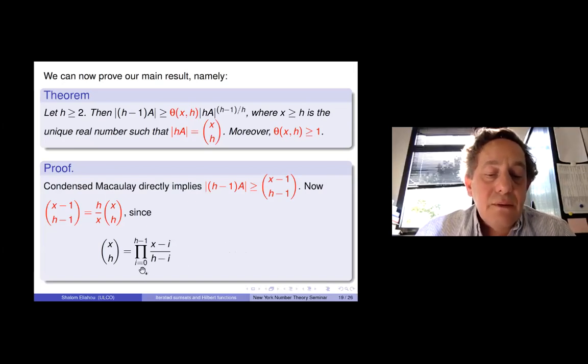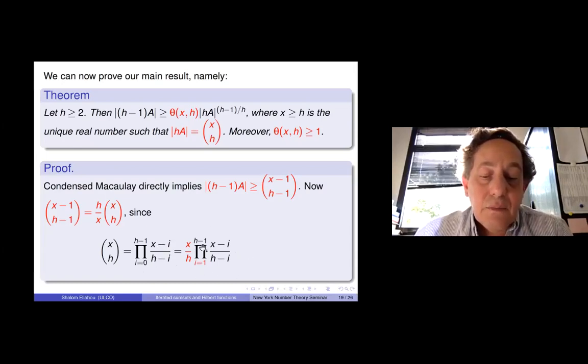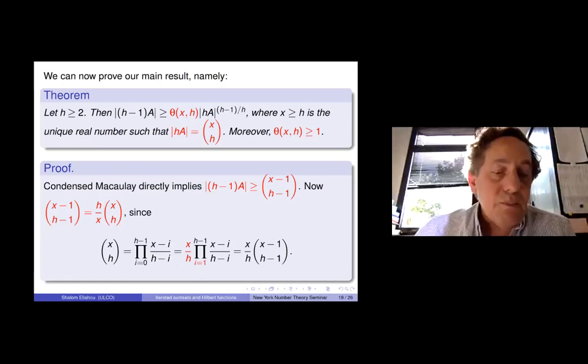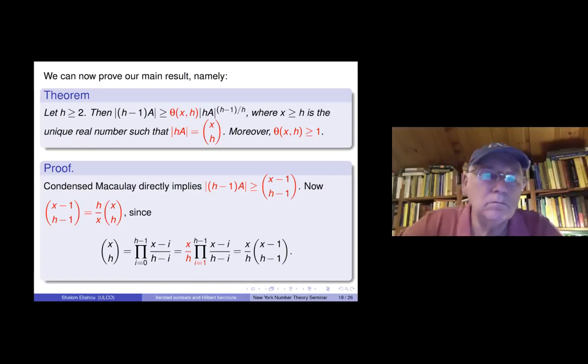Now you isolate the term with i equals 0. This is x over h times the remaining terms, and this is this one. So you know these formulas. This is simple enough. Let me use it in the next slide.